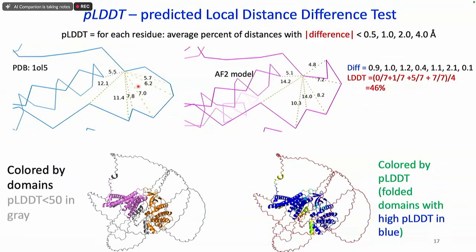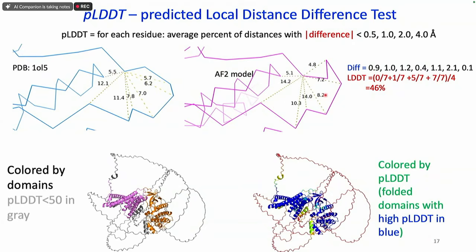And I compare this set of distances with this set of distances. So the differences between those are, if I start up here, this one is 5.7, this one is 4.8, that's a difference of 0.9. The next one is 6.2, and the one over here is 7.2, that's 1.0. And so I measure all of the differences between the distances of the crystal structure and the predicted structure.